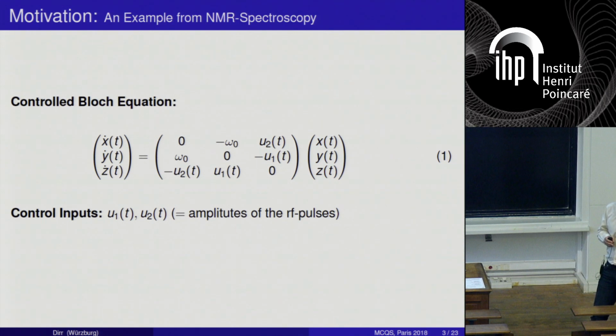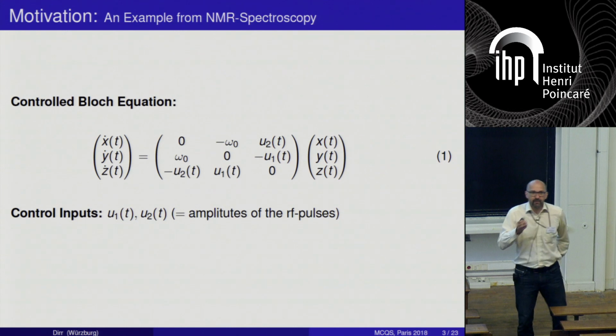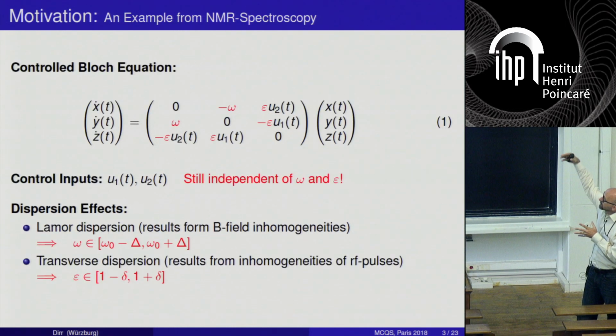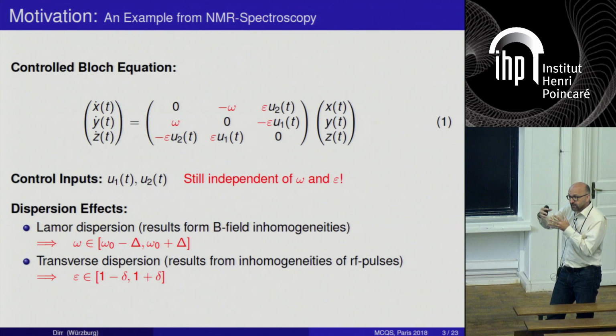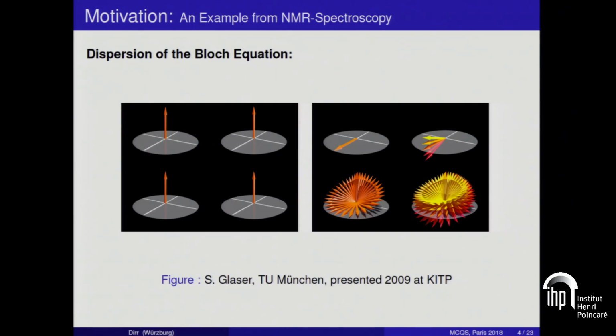You know this Bloch equation much better than I, and in particular Dominique's talk 2 days ago is subject to slightly different Bloch equations, but nevertheless you want to control this entire ensemble with one control, and you cannot use the knowledge of the parameter. You take a kind of brute force approach.